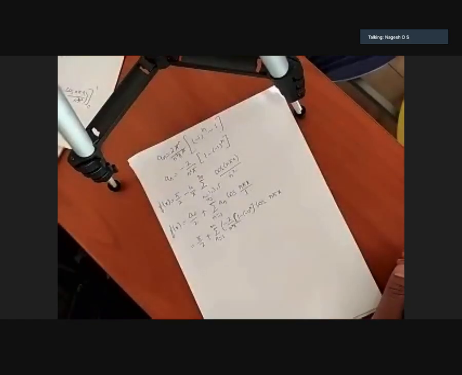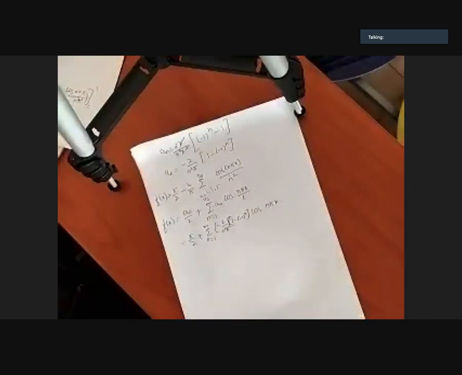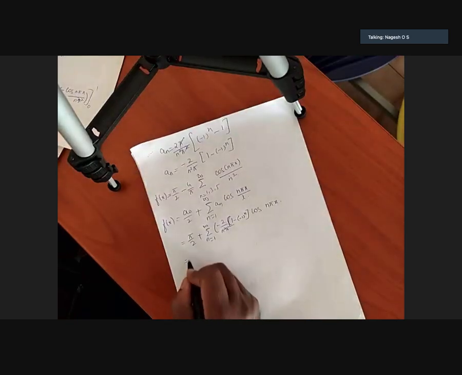Screen became blur. This is equal to pi by 2.